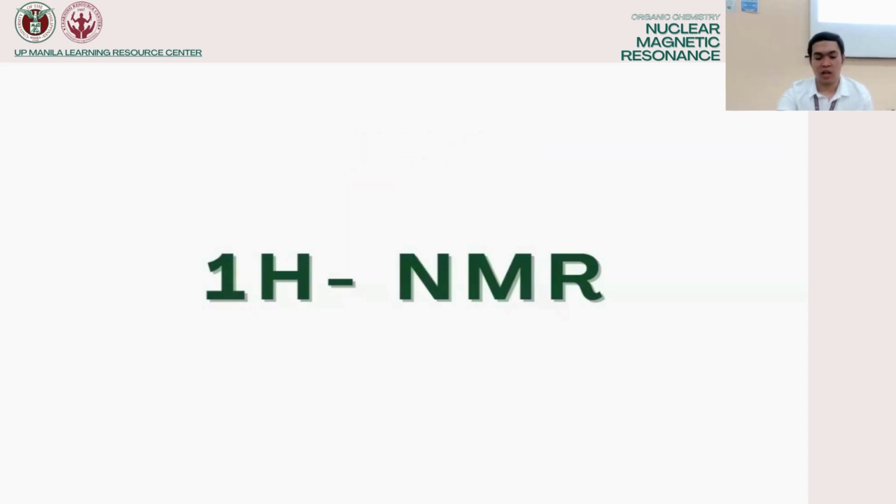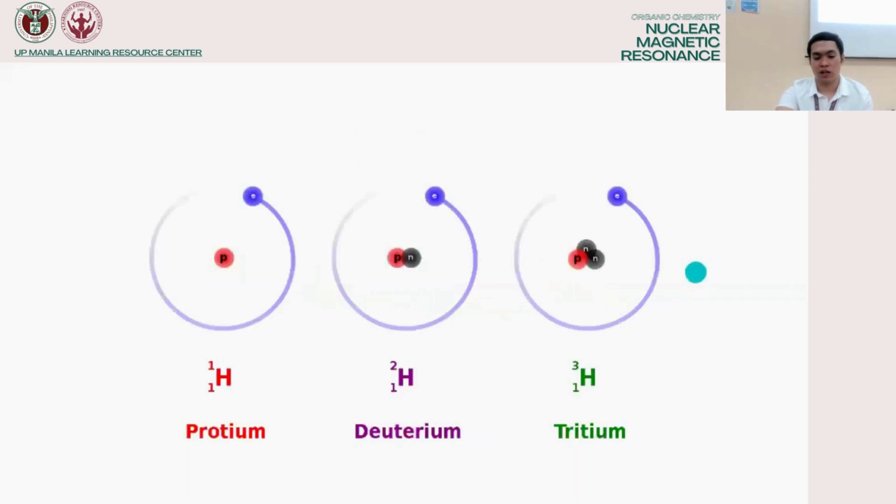Yes, I have a slide here with the structure of your hydrogen atom. So as you can see, what are the differences of the isotopes of hydrogen? Anong mapapansin niyo dito?